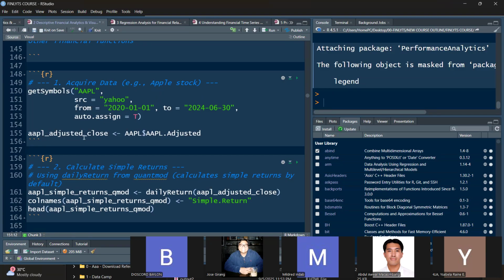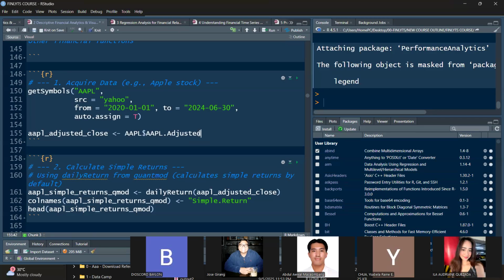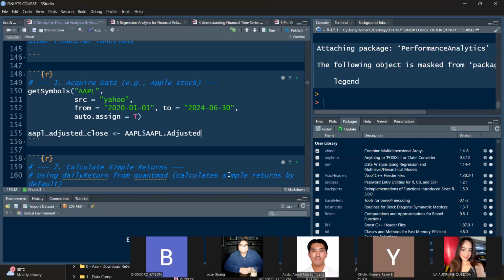For this one, you're creating an object, Apple close, and it's the Apple object, in particular the adjusted price. Let me show you first.